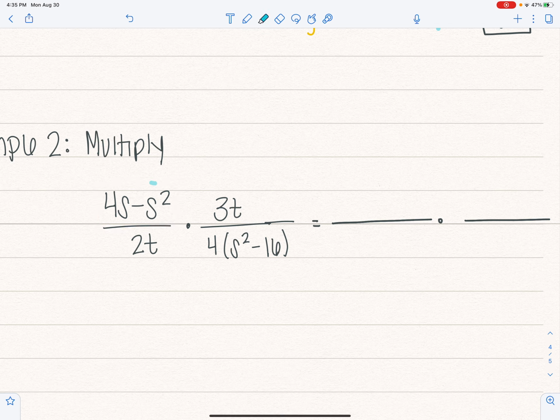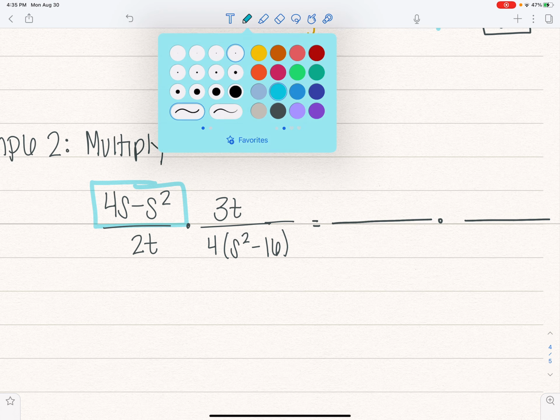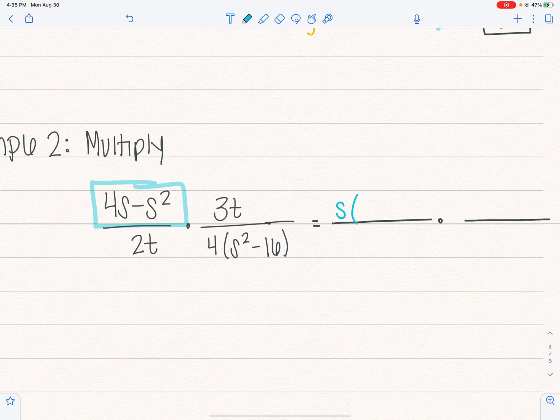In this one, 4s minus s squared, I see that I have an s in common. So I'm going to take that s out, which will leave me with 4 minus s. On the bottom left, there's really nothing I can do with 2t, so I'm going to carry over the 2t.